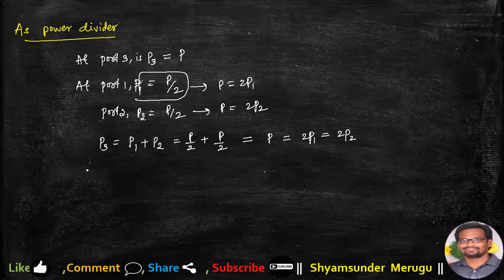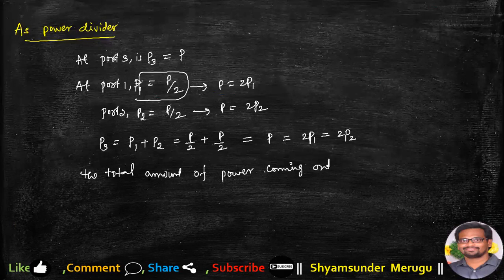Now if we want to represent the total amount of power coming out of port 1 and from port 2 in decibels, what could be the power coming out of port 1 as well as port 2 in decibels? We can write 10 log base 10.